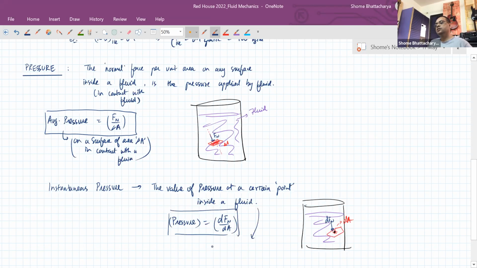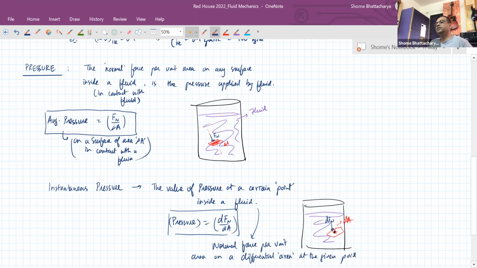So this is nothing but normal force per unit area on a differential area, or on a very small area, at the given point.